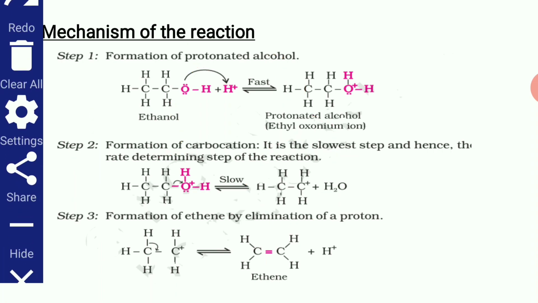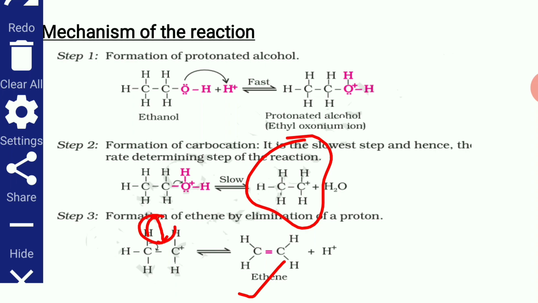The carbocation so formed in the second step will convert to alkene by withdrawing electrons from one of the hydrogens. I repeat, the carbocation so formed will be converted to ethene when the carbon withdraws electrons from one of its hydrogens.